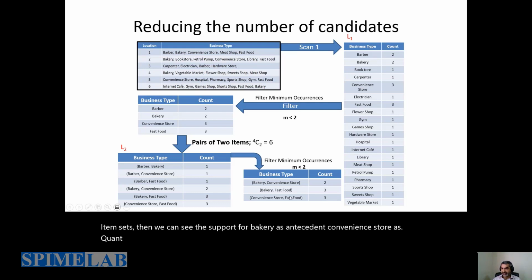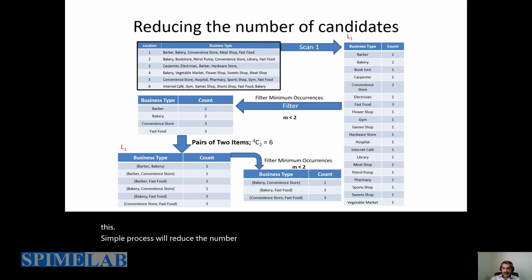So we can then do binary division of these interesting item sets. And this simple process will reduce the number of operations to maybe 100 times less than if we don't use this algorithm.